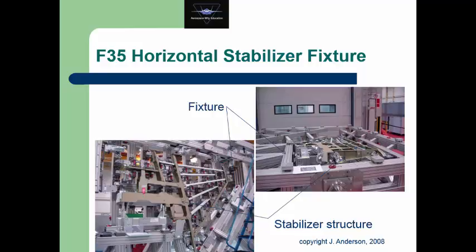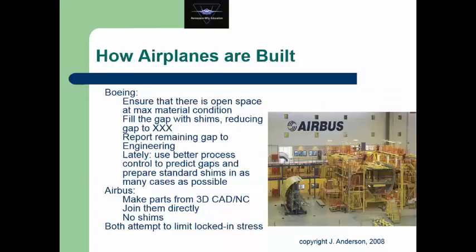You can see this is the stabilizer structure, the framework of the part, and what's holding it in place, what it's attached to, is a fixture. So the fixture is constraining this assembly of the stabilizer structure, and we're going to add more parts to it.